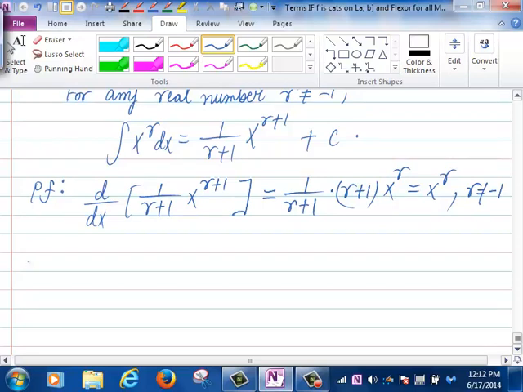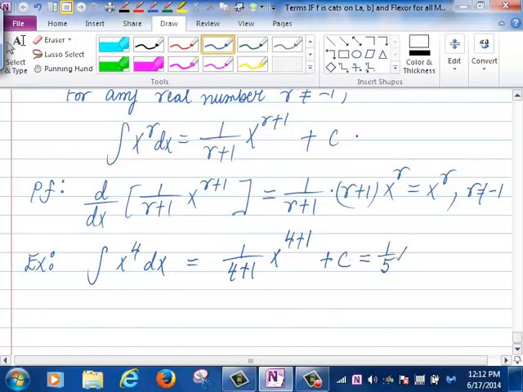So for example, what's the indefinite integral of x to the 4 dx? Well, by my power rule, it will be 1 over 4 plus 1 times x to the 4 plus 1, plus c, which is 1/5 x to the 5 plus c, right? Is everybody okay with that?